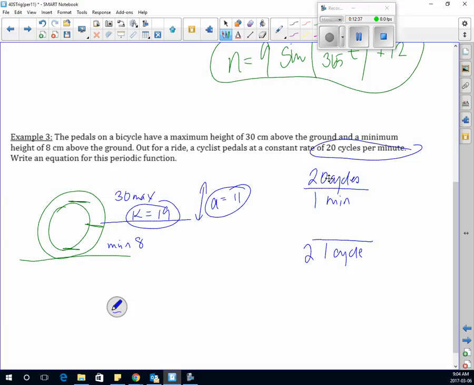So if I have 20 cycles here and 1 minute, I'm going to change this to 60 seconds. Why am I changing to 60 seconds? So then I can see it much easier. What does that mean? It's a 3-second cycle. Yeah, that would be slow, hey? 3 seconds to do 1 round.